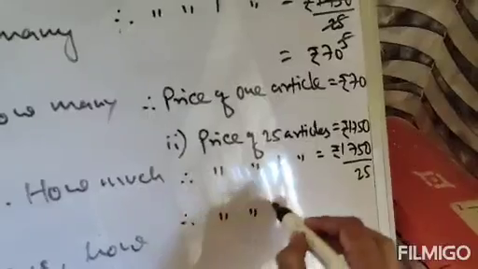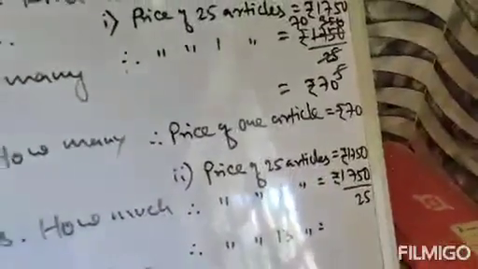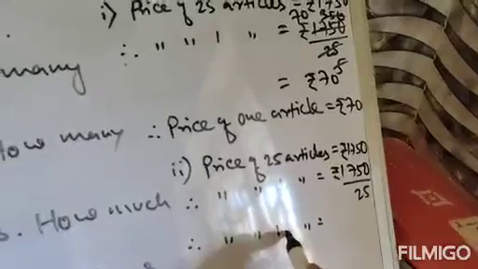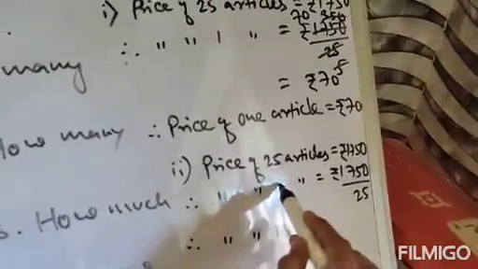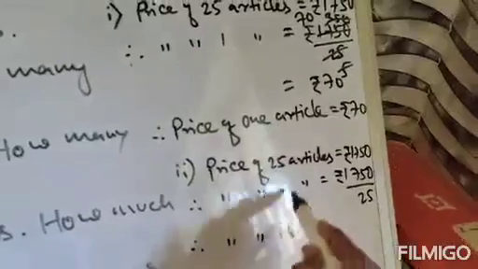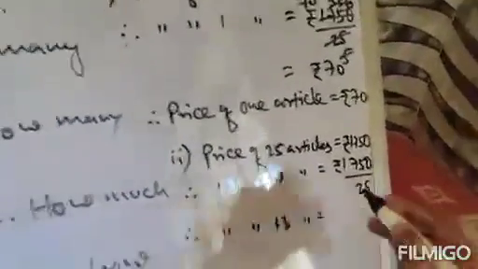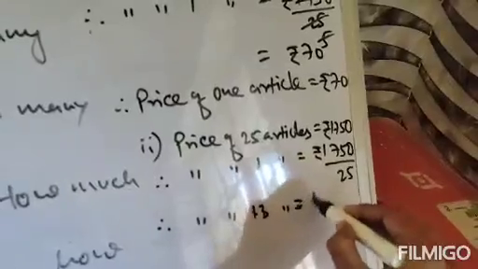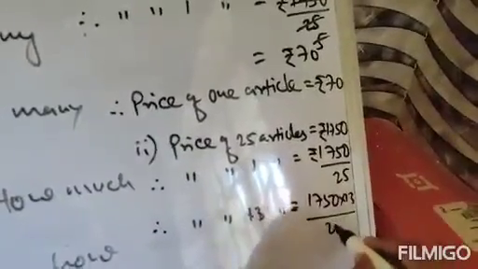Therefore price of 13 articles. Now see, price of one article is this, and number of articles now is 13. That means number of articles increases from 1 to 13, so it will multiply. Increases means multiply. Therefore it will be 1750 into 13 by 25.